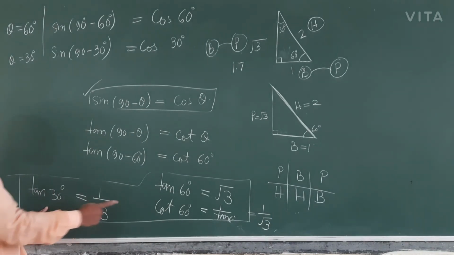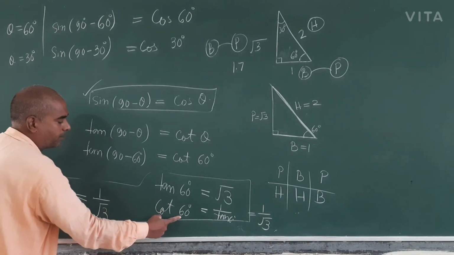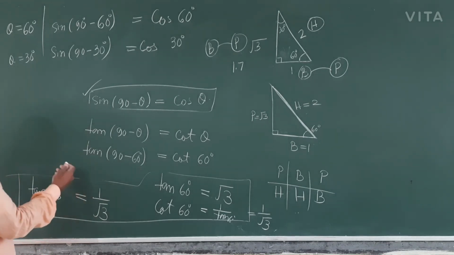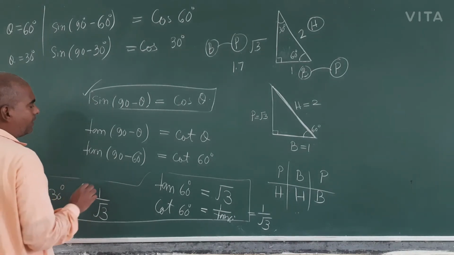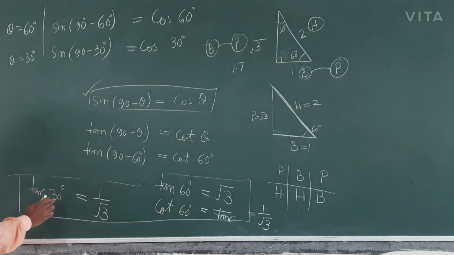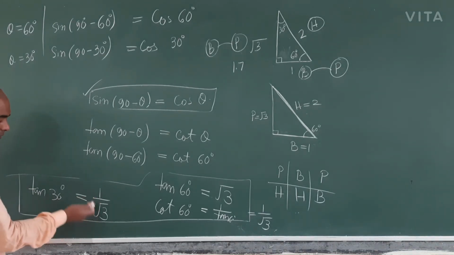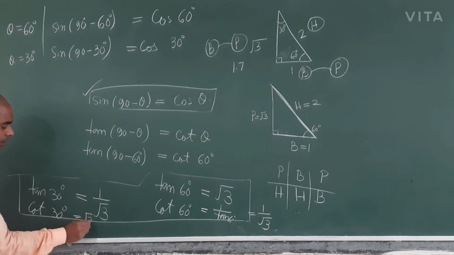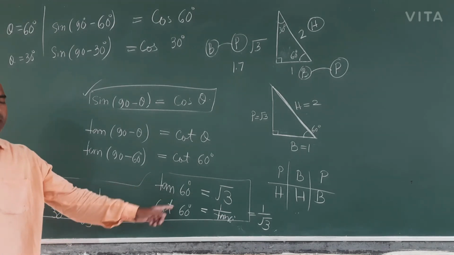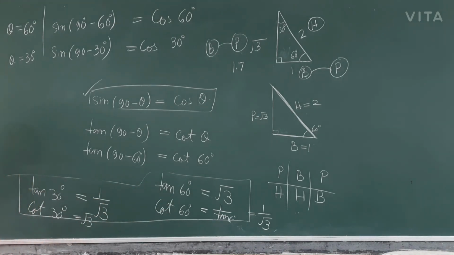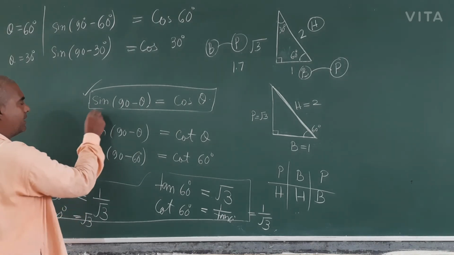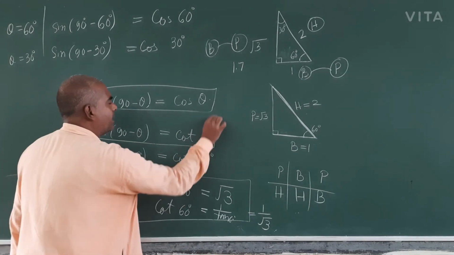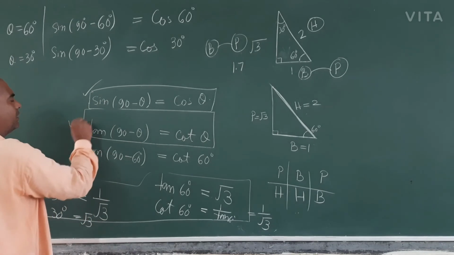Tan 30 is equal to cot 60. And similarly, tan 90 minus 30 is equal to this. What about cot 30? Cot 30 is the inverse of that, root 3. So cot 30 is equal to tan 60. So we have two formulas: sin 90 minus theta and tan 90 minus theta.